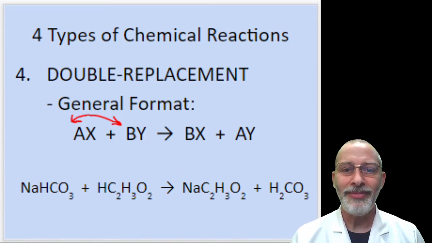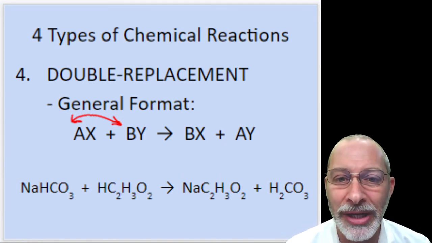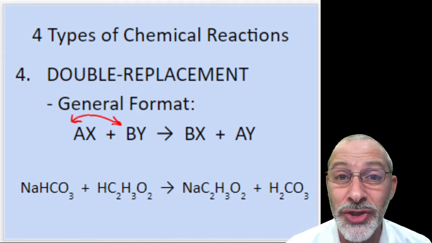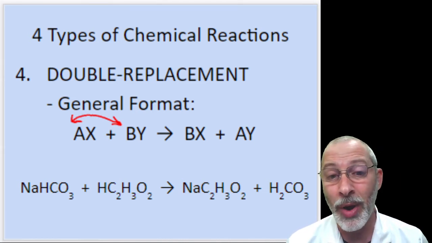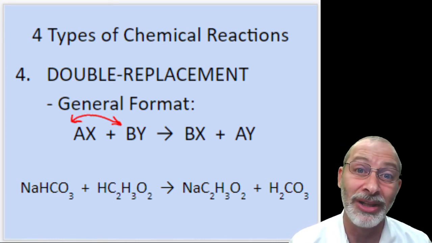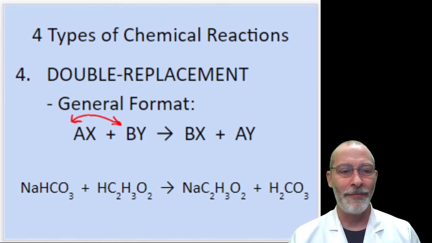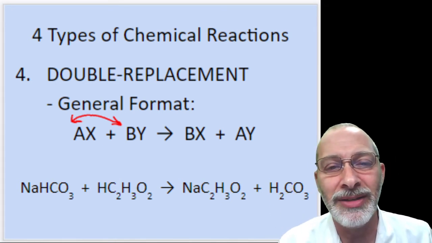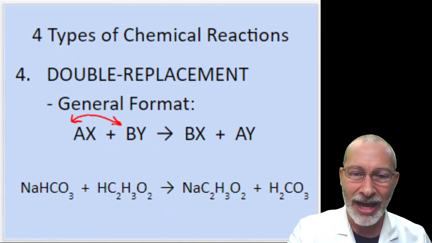Again, double replacement reaction. The general format, the two metals replace one another. And remember where metals on the periodic table are located, over on the left-hand side of the periodic table. Here's a great example of a double replacement reaction.